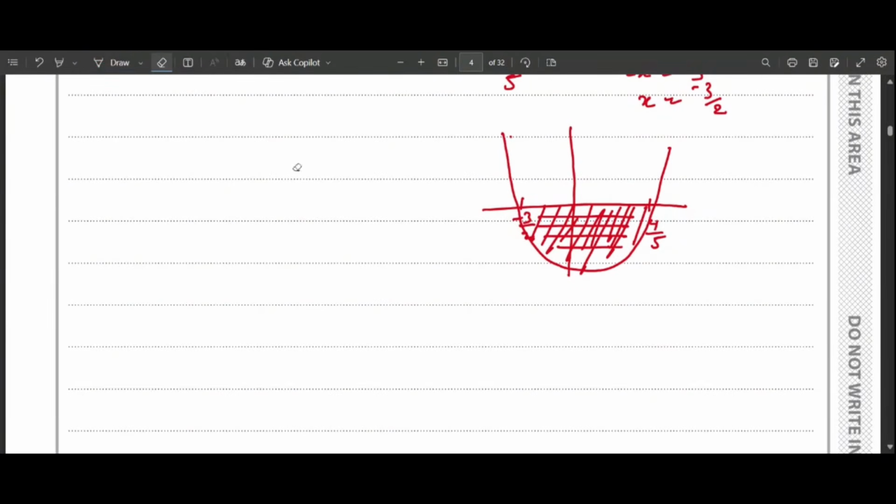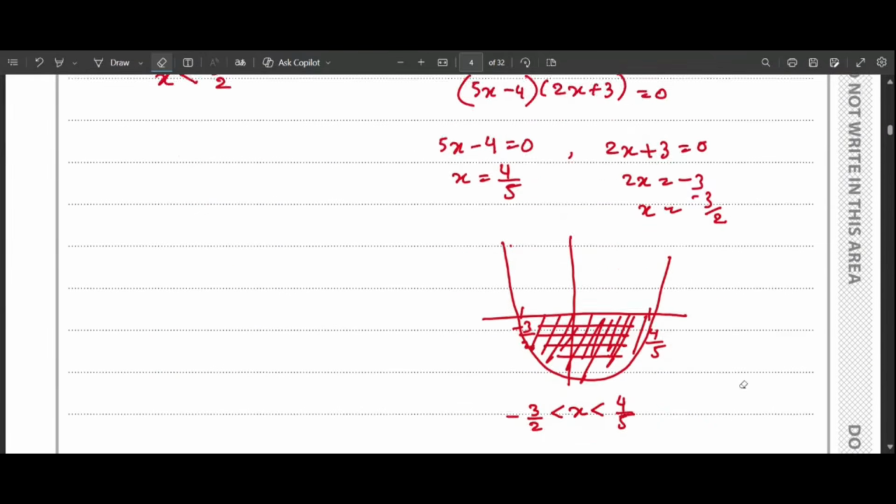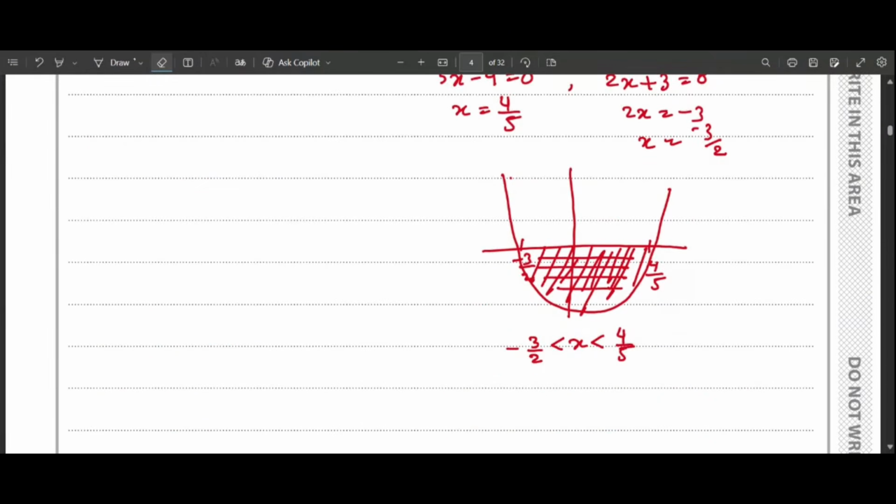So from this I can say that the region of x, minus 3 by 2 is less than x and x is less than 4 by 5. This region of our x gives us the negative values for our expression. So this region will satisfy our inequality. And this is the solution to our inequality in part B.